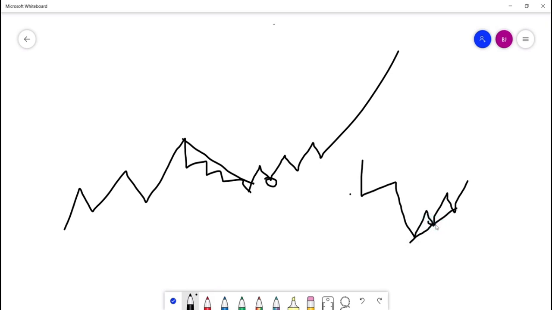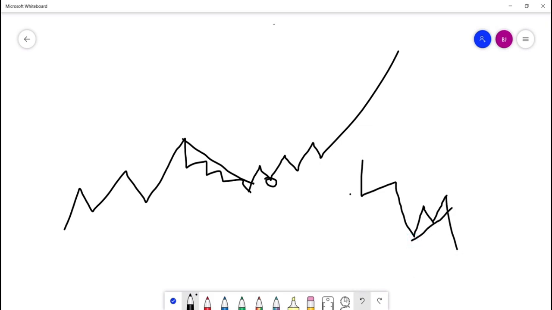These 2 swing lows, we want to connect. Now again, like I said before, if it breaks this, that'll be a good trend line break. But again, the market is not an exact science, so sometimes it will give us just 1 swing low right here, and it goes up, and we just have to use that one, and it breaks down. So you might just have to use that.